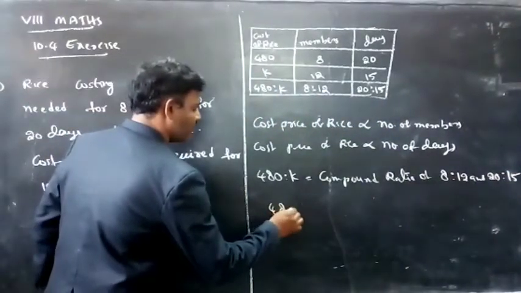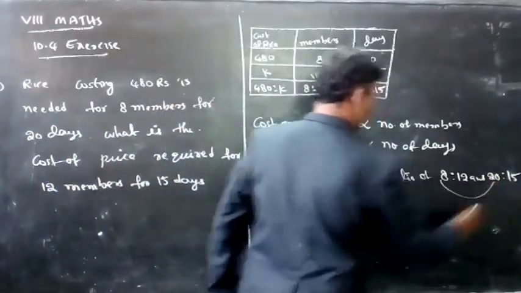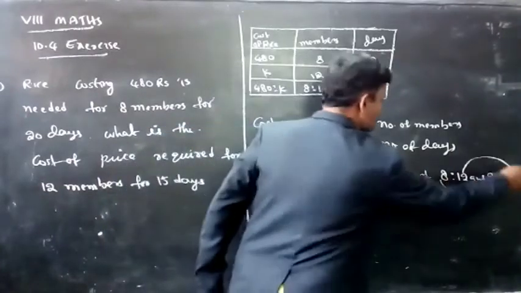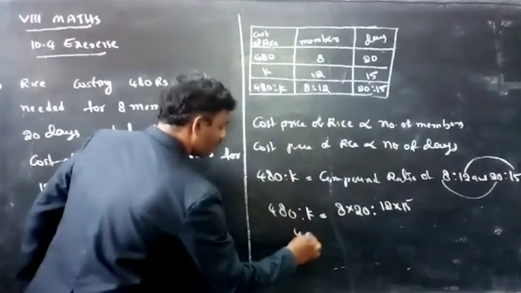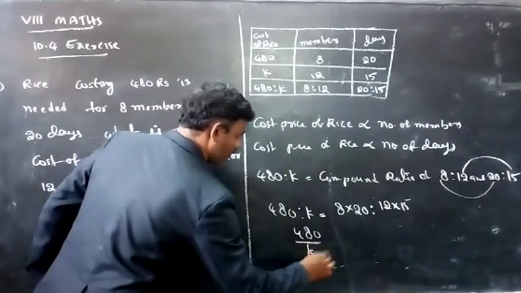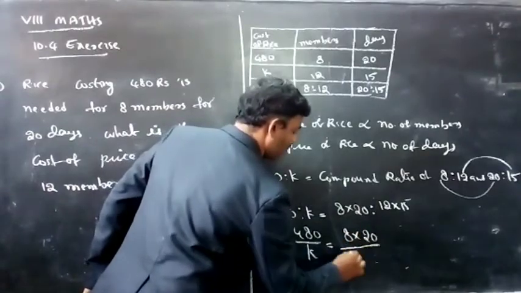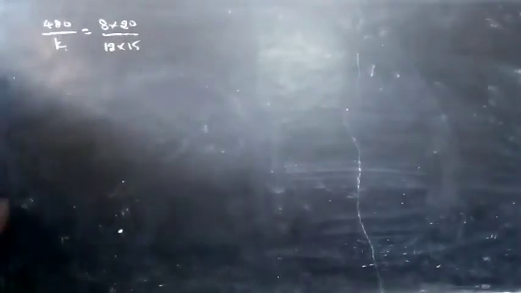It means 480 is to K is equal to 8 into 20 is to 12 into 15. Then 480 by K is equal to 8 into 20 by 12 into 15.